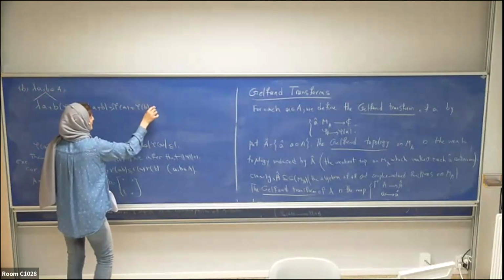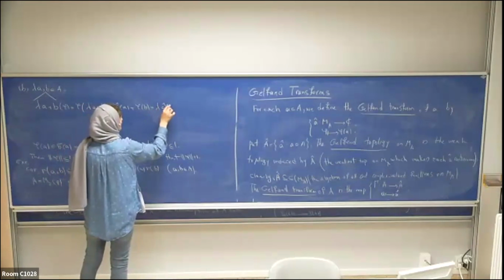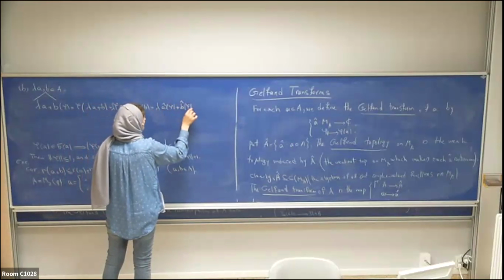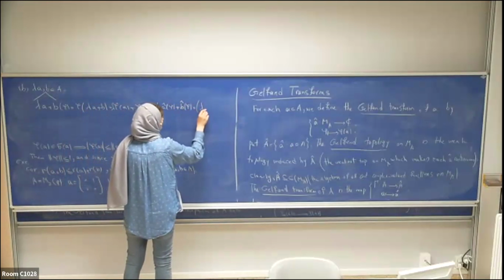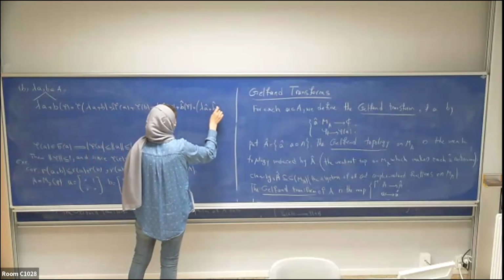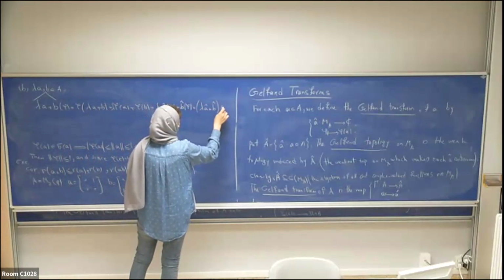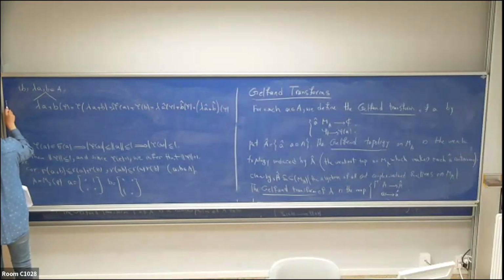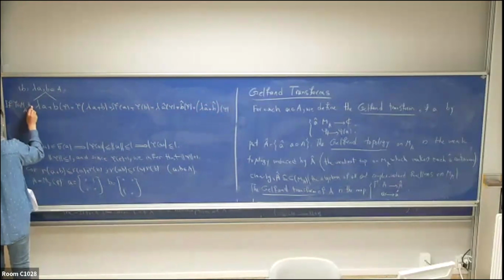Rewrite it again with hat, and we can write it as lambda a hat plus b hat at phi, where phi is an element in M of A. Then we have it.